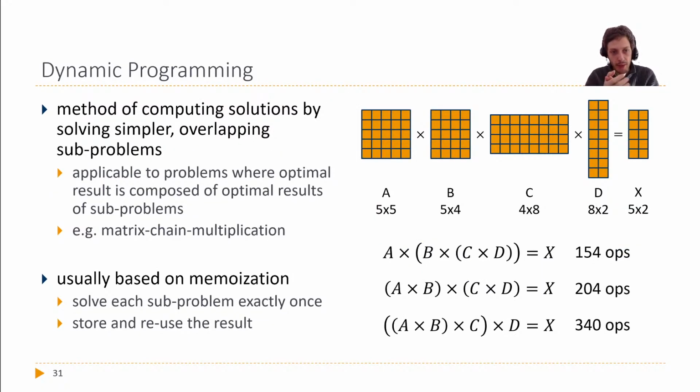Then dynamic programming, which is basically a group of problems that try to solve solutions by computing simpler subproblems. Some of you might know the example on the right, for those of you who did the OpenCL course in the bachelor, which is matrix chain multiplication.